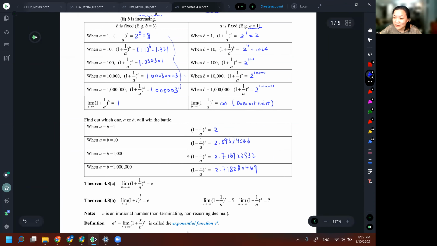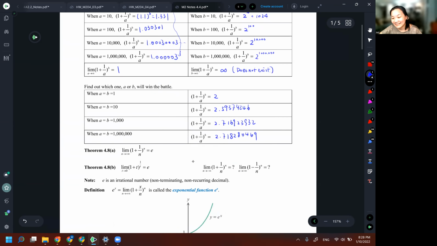It does reveal something because you see when A is 1 million, this value already is very close to the limit. And when B is 1 million, this value also is quite large that my calculator can't even express this value. Okay. Now, so I think that when A and B are both 1 million, maybe this value is very close to the limit.